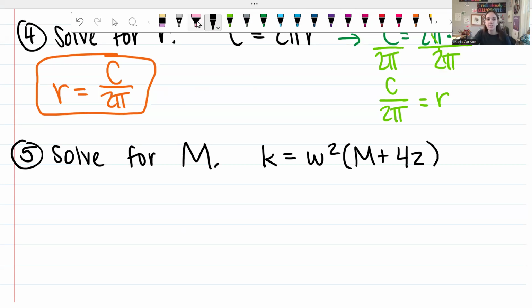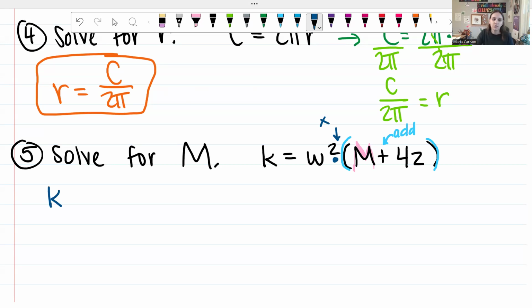If I'm trying to get this M by itself, I notice there's this addition here. But before I can focus on the addition, all of this is being multiplied times W squared. So I need to get rid of this W squared first.